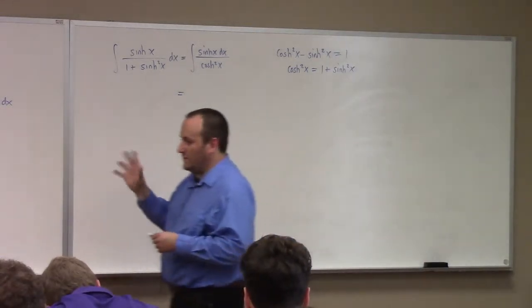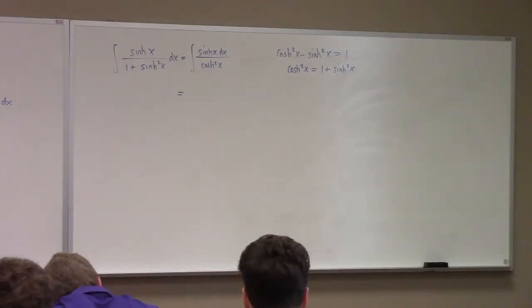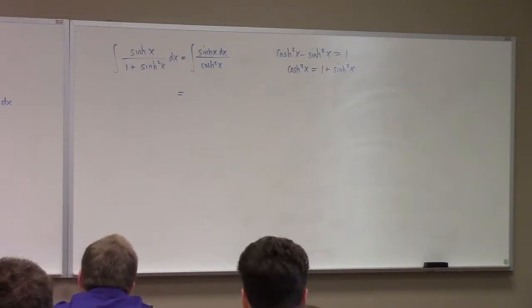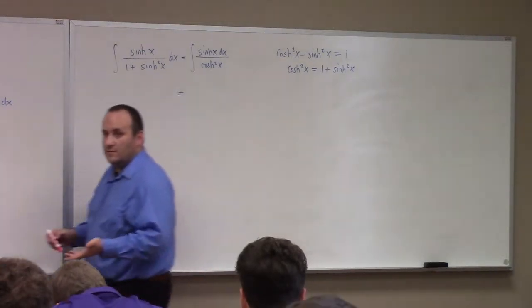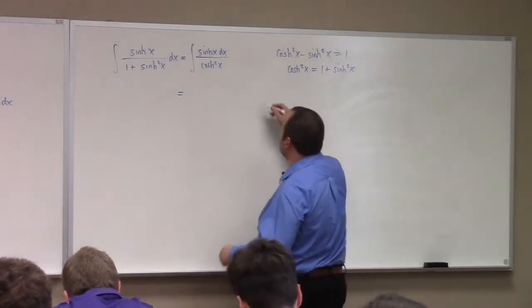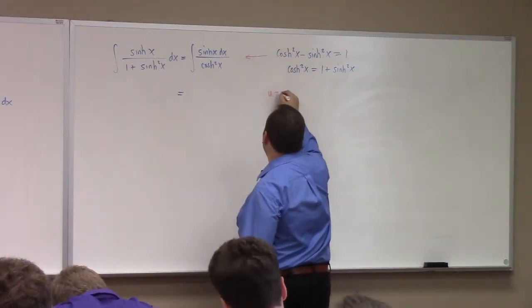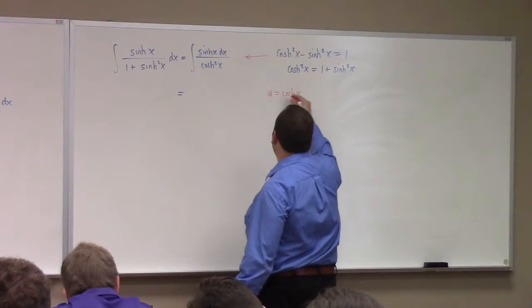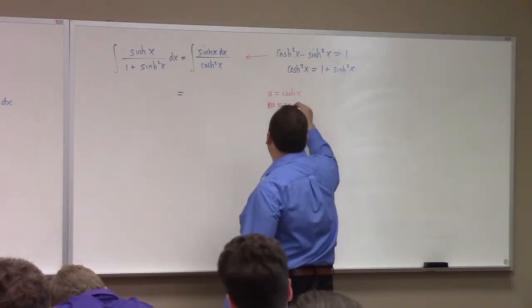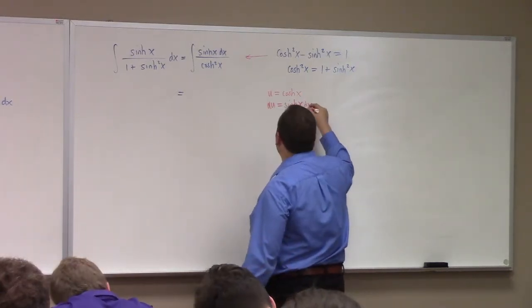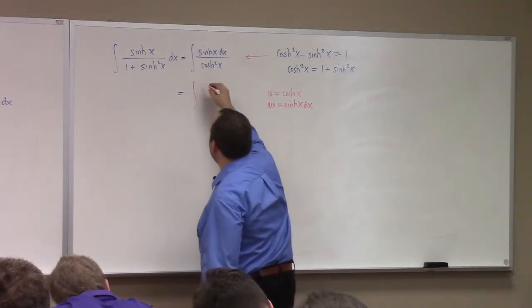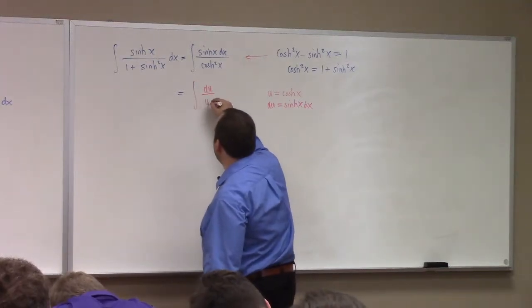Well, if we did cosh squared, we'd be in trouble. What should we let u equal to? Just cosh. Right. So u equals cosh of x, then du is sinh x dx. And so we got the integral of du over u squared.